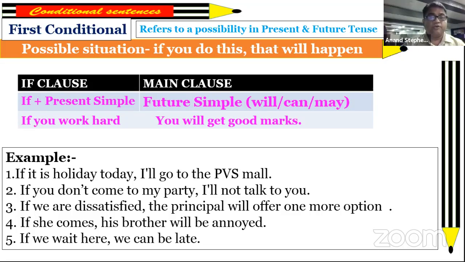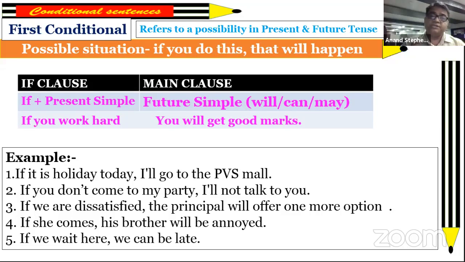If it is a holiday today, I'll go to the PVS mall. और ये साइंटिफिक ट्रूथ नहीं कह सकते हैं. जरूरी नहीं है कि अगर आज छुट्टी होती है तो कोई पीवीएस मॉल ही जाए, हो सकता है घर पर वो आराम करे या कहीं और जाए. ये इसे हम साइंटिफिक ट्रूथ नहीं कह सकते, इसे हम जनरल फैक्ट नहीं कह सकते. This is the main difference.